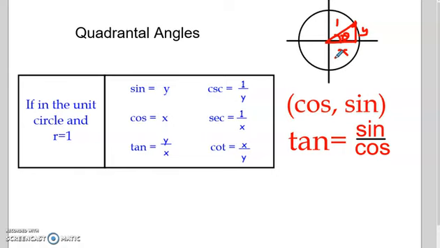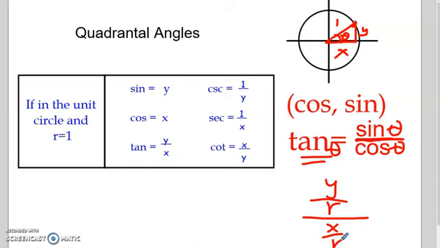Now, when we're trying to find tangent, a very useful identity is that sine theta divided by cosine theta is the same as tangent of theta. And you can see this if I take sine, which is, let's use a y over r definition, y over r, and then cosine is x over r, then the r's cancel away.